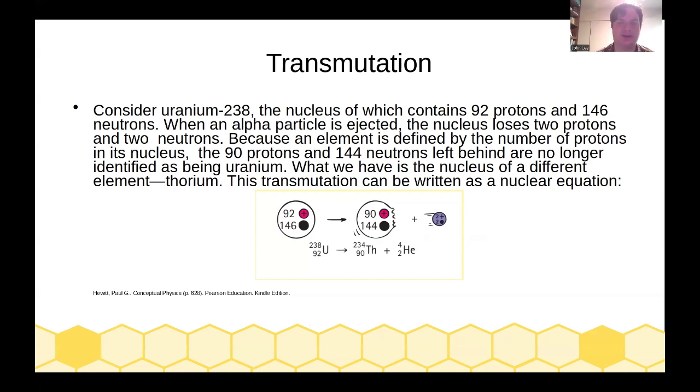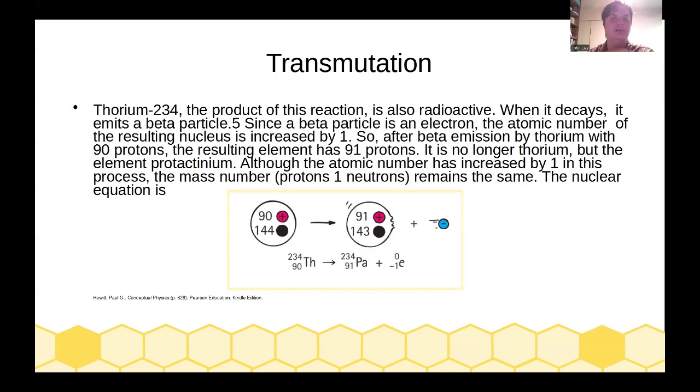Because an element is defined by the number of protons in its nucleus, the 90 protons and 144 neutrons left behind are no longer identified as being uranium. What we have is the nucleus of a different element, thorium. This transmutation can be written as a nuclear equation where the uranium-238 becomes thorium-234 plus helium-4.